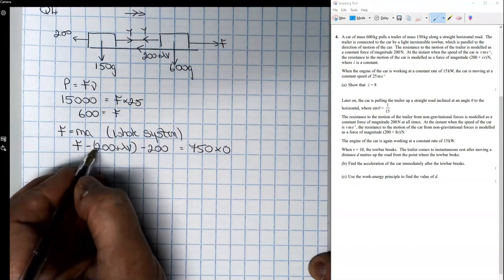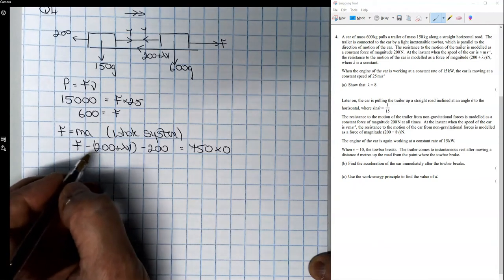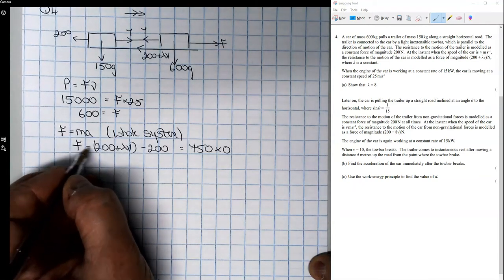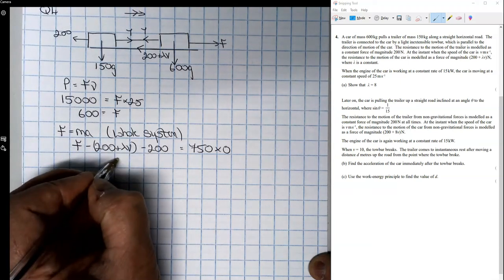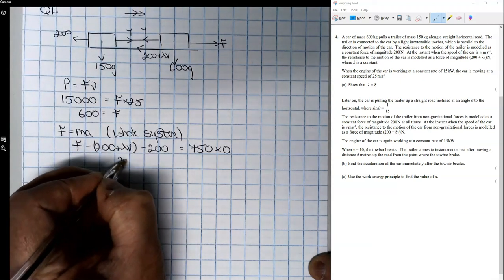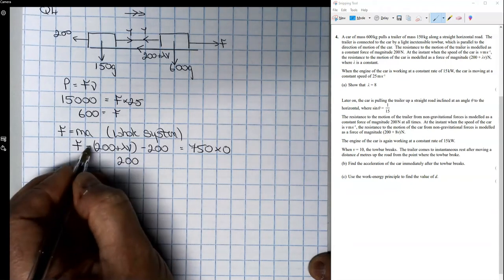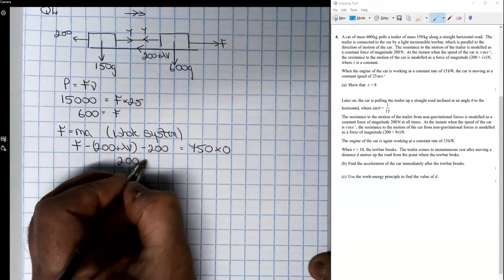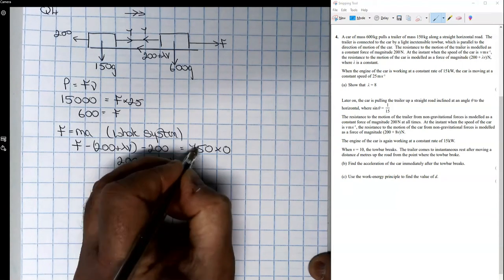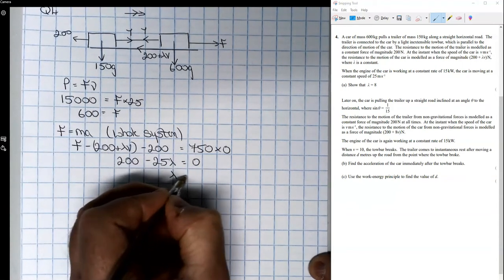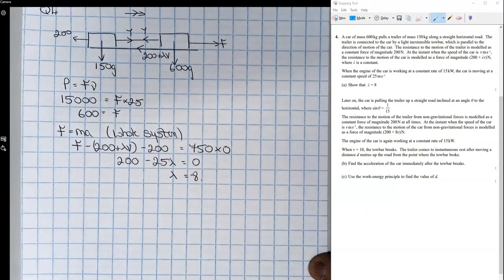So I know F is 600, take away 200, take away 200, so it's 200, take away lambda v, and we know v is 25, and that equals 0, so that gives me lambda is 8.